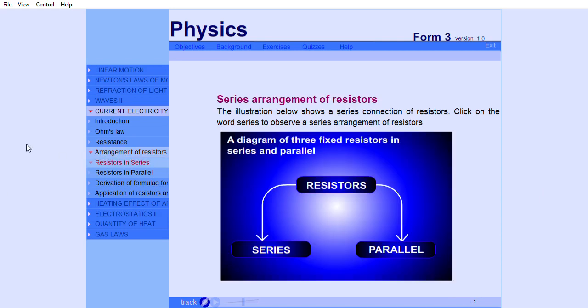Series arrangement of resistors. The illustration below shows a series connection of resistors. Click on the word series to observe a series arrangement of resistors.